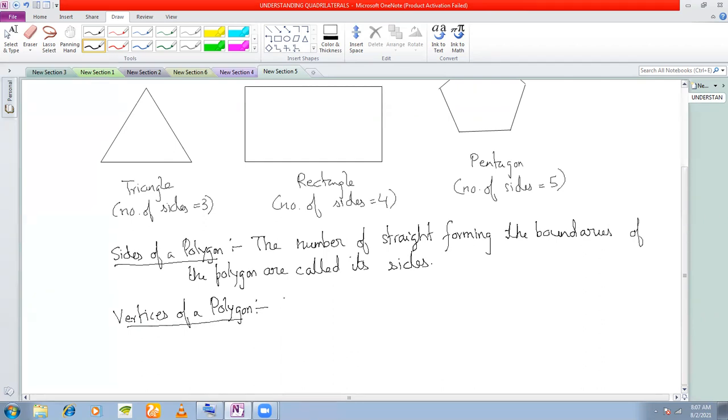The points where the sides intersect are called its vertices.